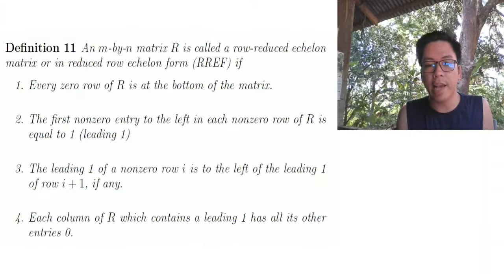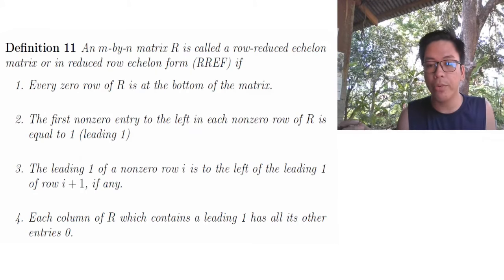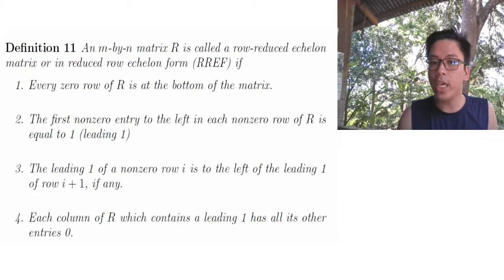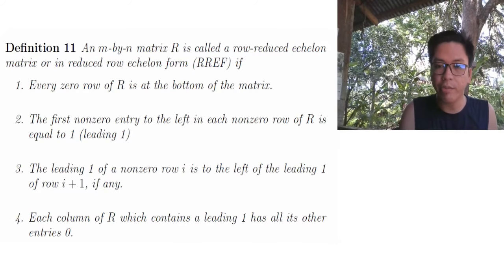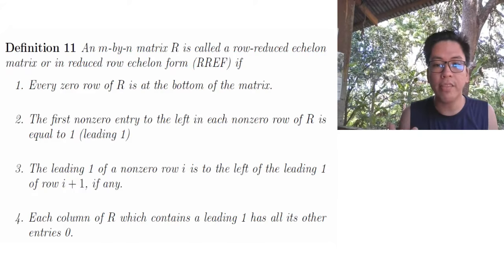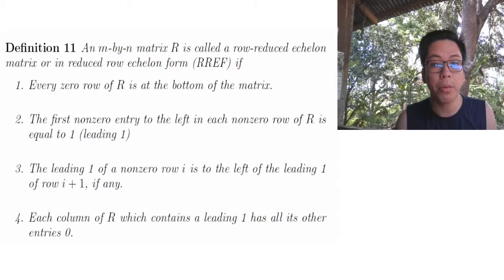That's it. Okay, so this time we are going to introduce the concept of the reduced row echelon form. The goal here is to find a row equivalent matrix to the coefficient matrix from which we can easily get the solution of the system of linear equations. So what is a reduced row echelon form or echelon matrix? It is defined as follows: every zero row of R is at the bottom of the matrix.